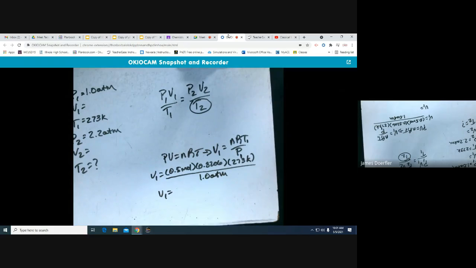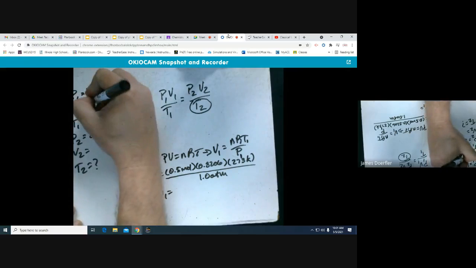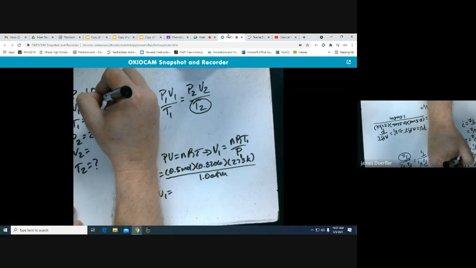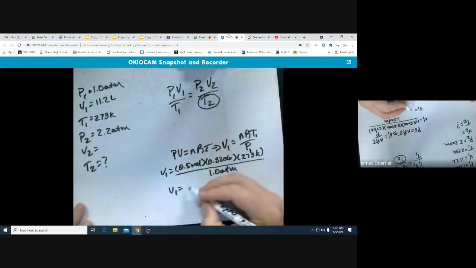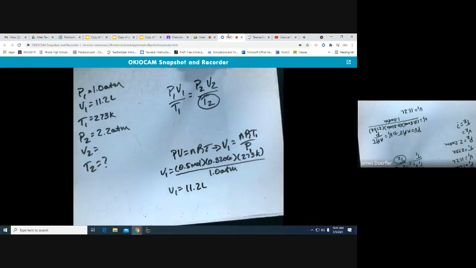So what is our initial volume? 11.2. Very good. What, the number or the unit? The unit. Oh, okay. I was like, if you guessed 11.2, that'd be impressive. I'm not that good. Fine. All right, so we've got our initial volume now.